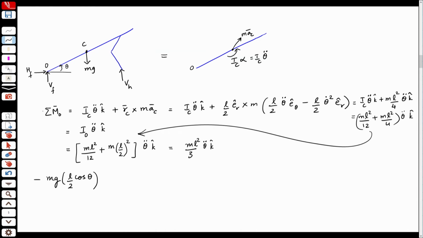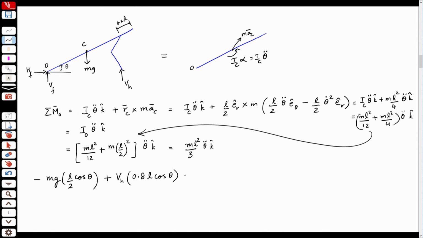So, the clockwise moment is mg plus V_H into this distance, which is 0.8 L, because in the previous diagram I showed you this is 0.2 L. You keep your hands right under your shoulder when you do the push up, and you have V_H into 0.8 L cos theta as the moment arm.